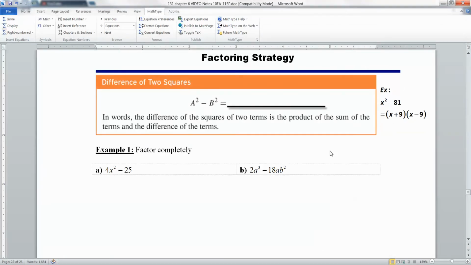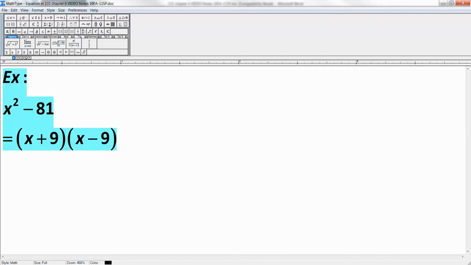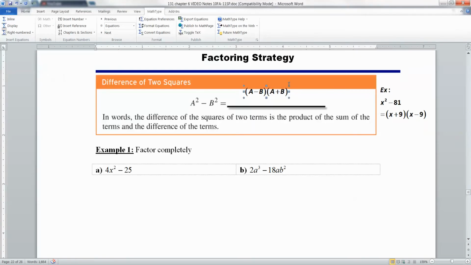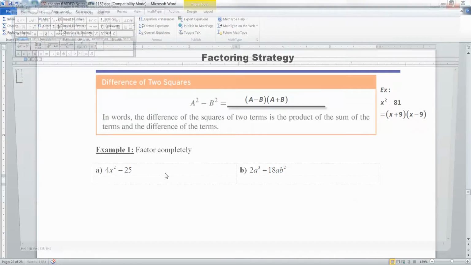So now what does that mean for our general form? Well, it means that instead of writing a squared minus b squared, we're going to be able to say a minus b times a plus b. And of course, the order doesn't matter with the plus and the minus. That's fine either way. All right, so let's practice it. And I know it seems crazy, but this is the easiest factoring you possibly can imagine.